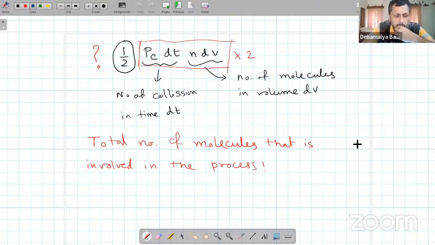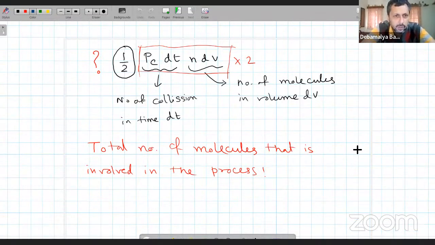Each collision, let me go back to my notes and try to see, to avoid double counting of colliding molecules. If I have one collision, I need to have two molecules at least. If I have 10 collisions, I need to have 20 molecules, right?